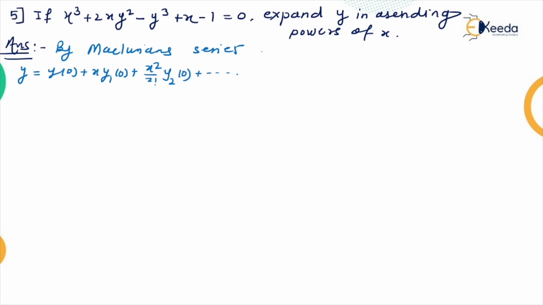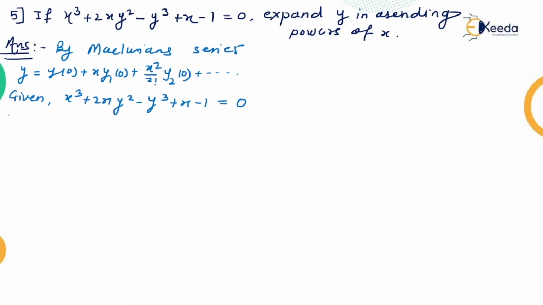This is the Maclaurin series expansion. But guys, here you are given x cube plus 2xy square minus y cube plus x minus 1 equal to 0. So putting x equal to 0, we get y of 0 is minus 1.